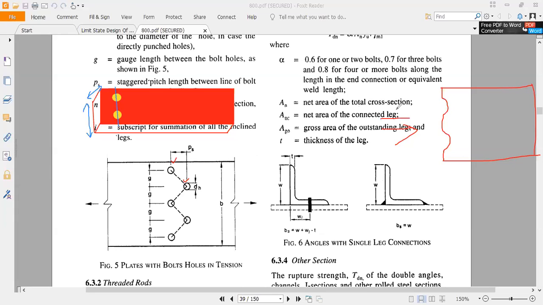If you see from the left side, that face area should be calculated as the net area. So basically, you have to find this area.